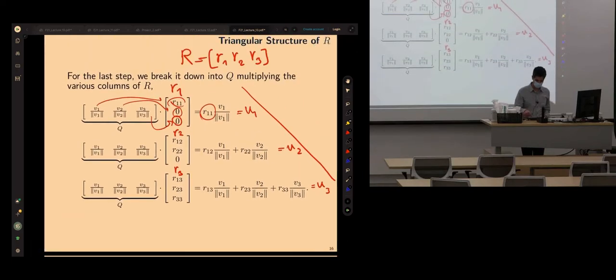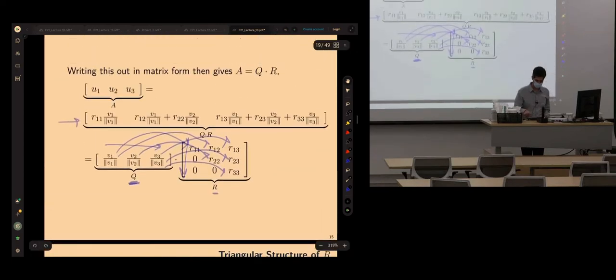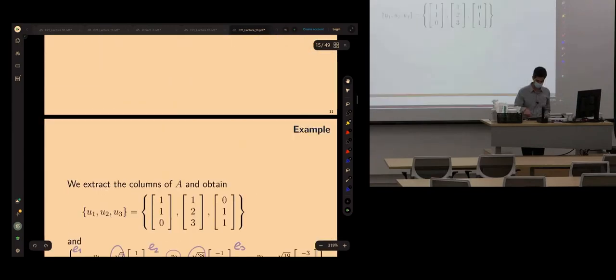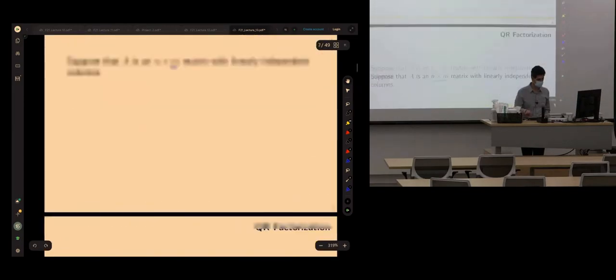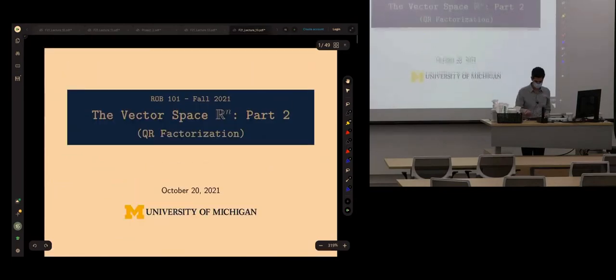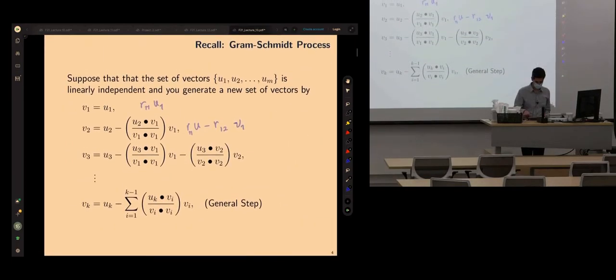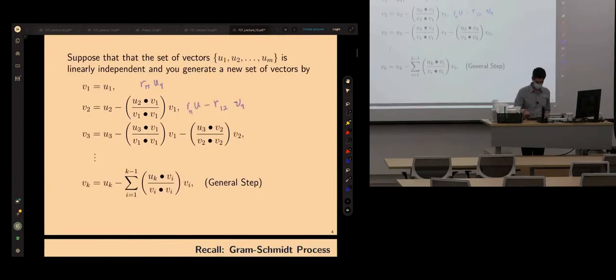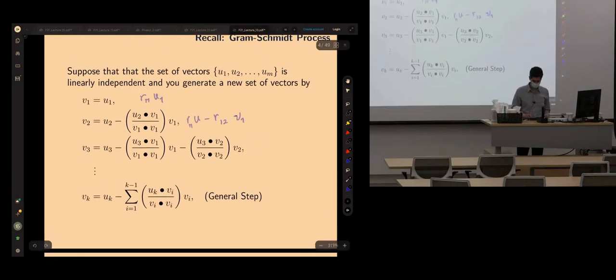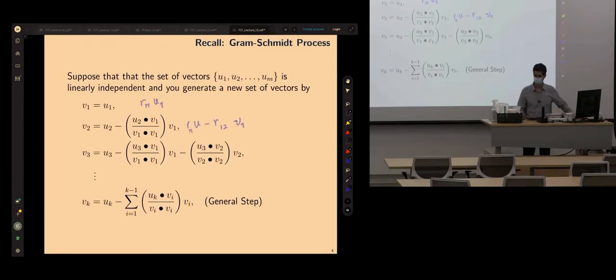For that, let me go back to the Gram-Schmidt process. I think we are using a different notation here, right? Because the left-hand side is V, whereas, no, that's true, that's correct.